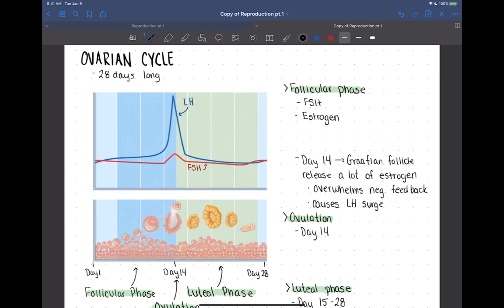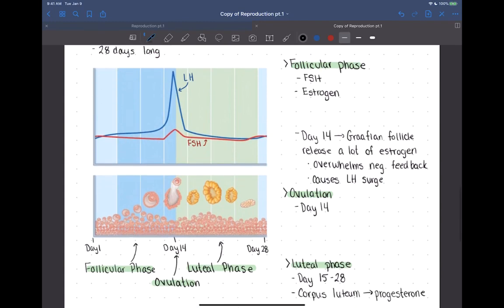It's divided into 3 major events. The first one is the follicular phase, which is going to be from day 1 to day 14.